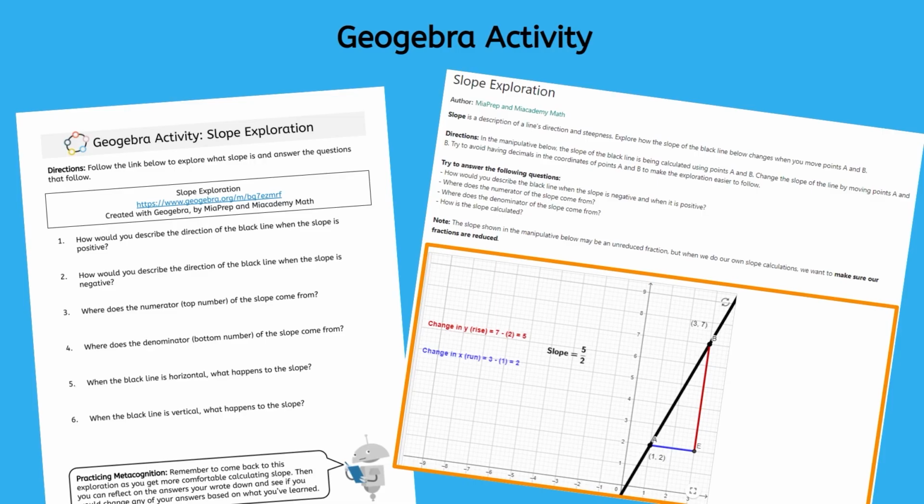And a helpful hint: if you're ever exploring and moving around points on GeoGebra and you get kind of lost in your own work, you can always reset it by clicking on the reset icon. So, pause the video now and make sure you're feeling confident in your GeoGebra slope exploration before moving on.